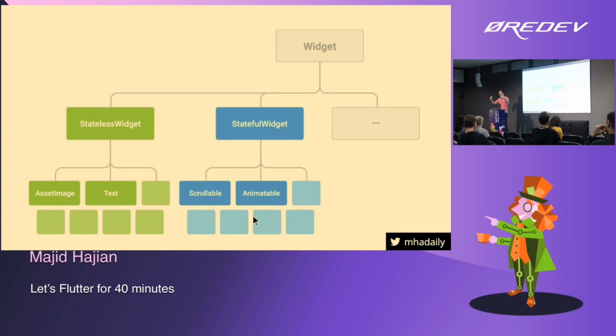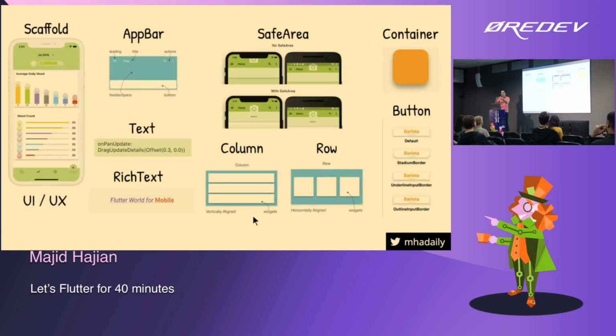So I'm trying to tell you the concept is similar. The naming is different, so don't panic when you come to Flutter. It's exactly the same concept. Nothing is different.